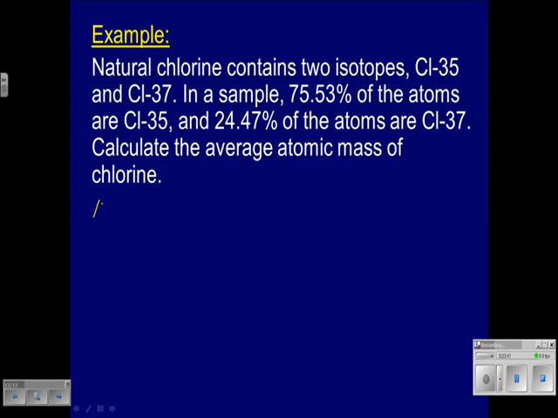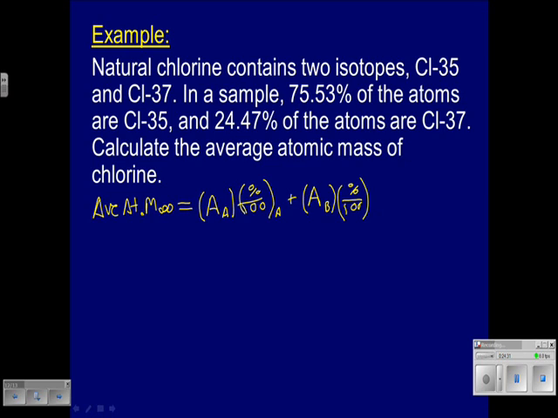And here's how we do this. Let's first write down an equation. Average atomic mass is equal to the atomic mass of isotope A times the percentage divided by 100, because we want to turn it into a decimal, for A, plus the mass number of B times the percentage divided by 100 for B. And if there was a C, another isotope, the atomic mass of C times its percentage divided by 100.